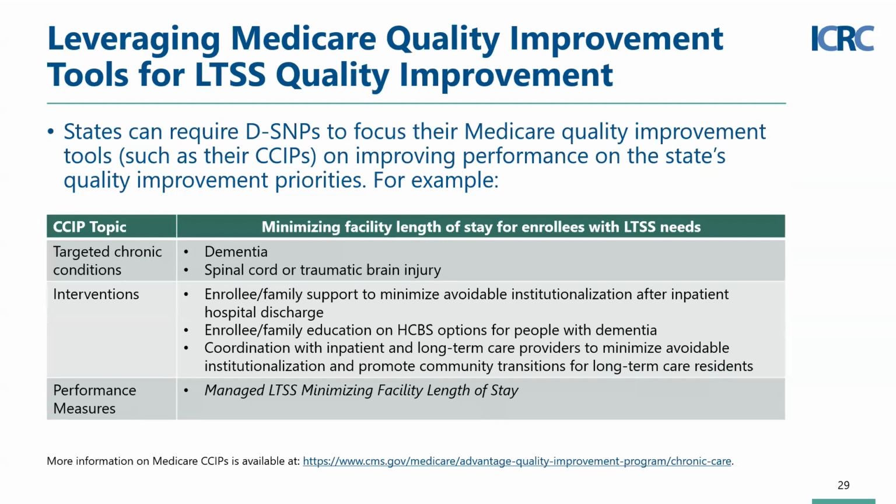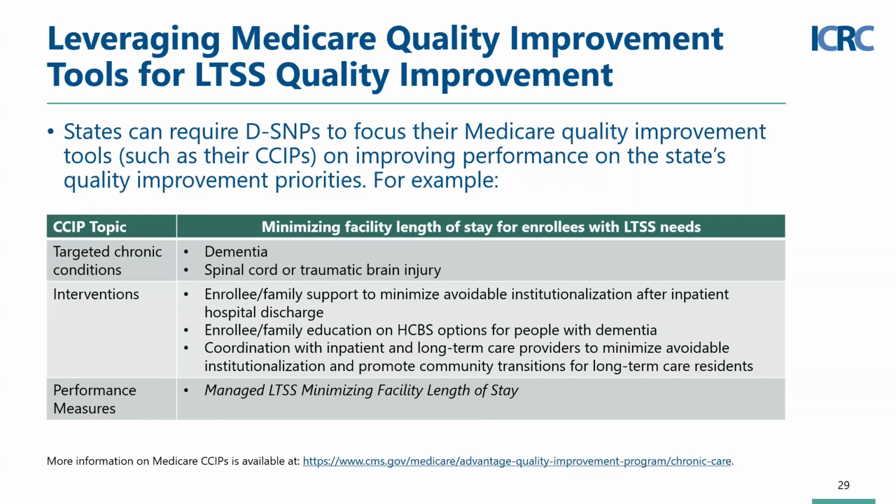In addition to implementing Medicaid PIPs, states can leverage their SMACs to require D-SNPs to focus their Medicare quality improvement tools to improve LTSS quality. For example, the Chronic Care Improvement Project on this slide aims to minimize facility length of stay for enrollees with LTSS needs, particularly those with dementia and spinal cord or traumatic brain injuries.